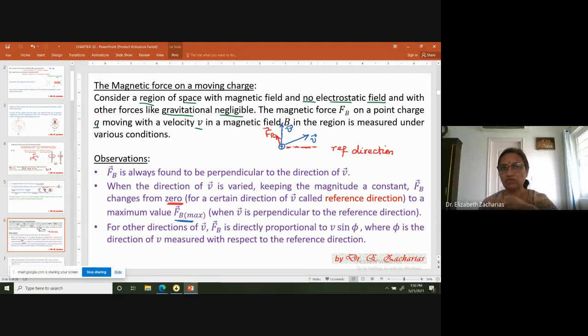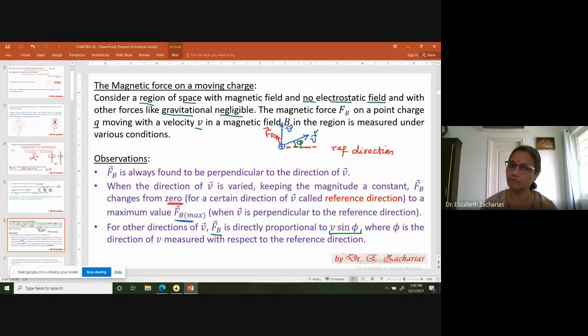For some direction it is zero, for some other direction it is maximum. And for any other direction, like what I've shown here, you're finding that the magnetic force is directly proportional to V sine phi.